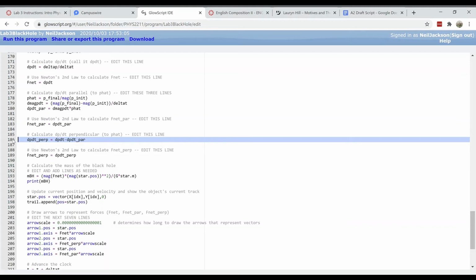Because we don't know the radius between the star and the black hole, we can rearrange the formula to get that dp/dt perpendicular is equal to dp/dt minus dp/dt parallel. And with that, we know what Fnet is and the sum of its components in the parallel and perpendicular directions.